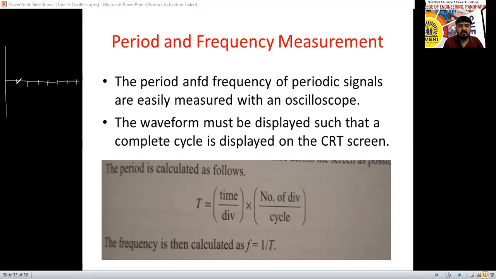So 7 divisions. Each division I will use 2, 4, 6, 8, 10, 12, 14. I have used here.